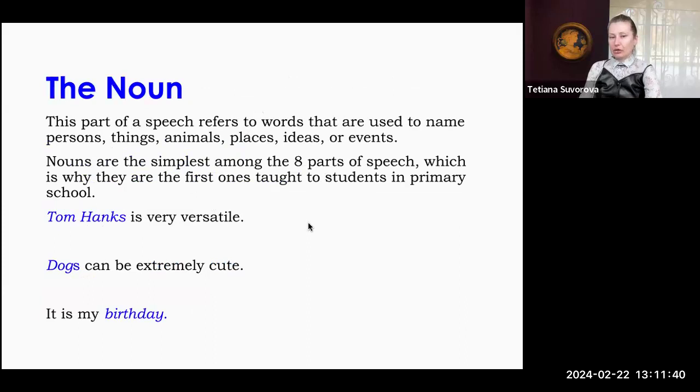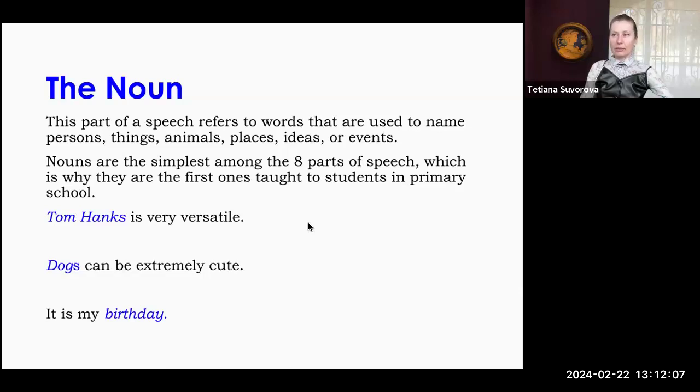So the noun, I suppose you know, exists in all the languages of the world, the nouns and the verbs. That is why they play the central role, being the central part of speech of any language, Ukrainian and English as well. They express a lot of things.